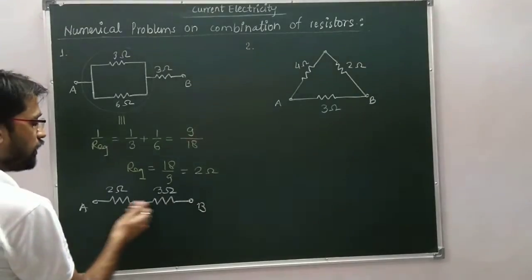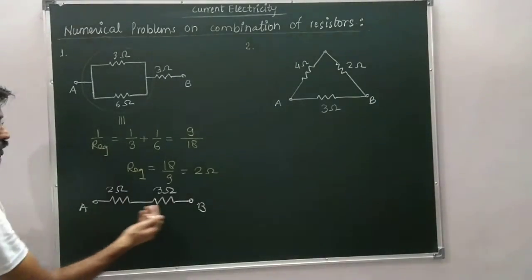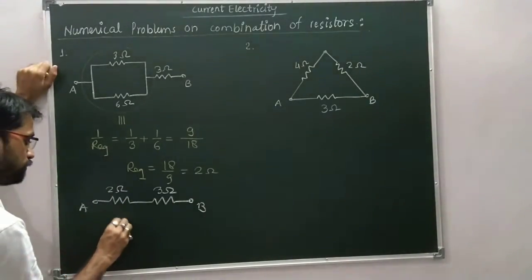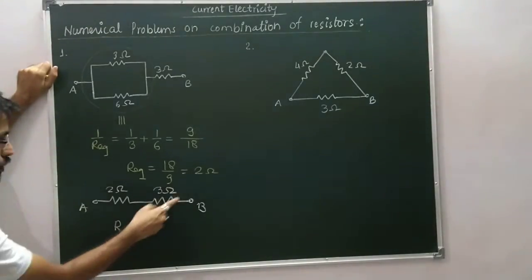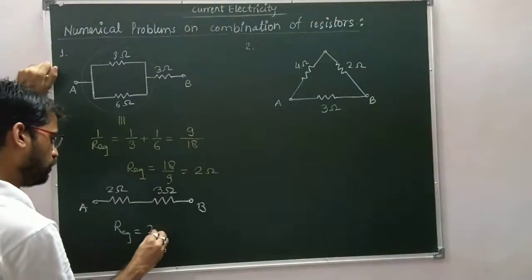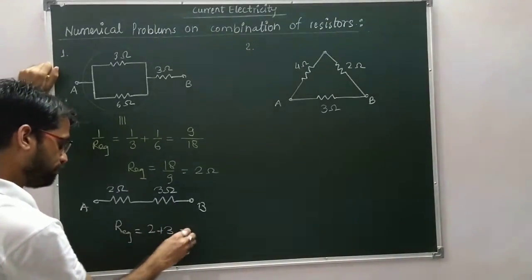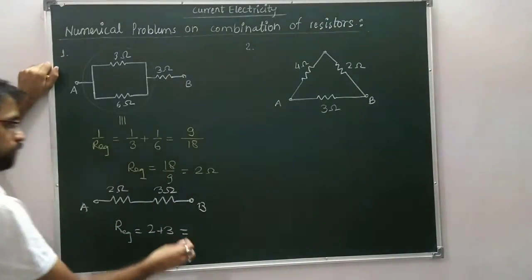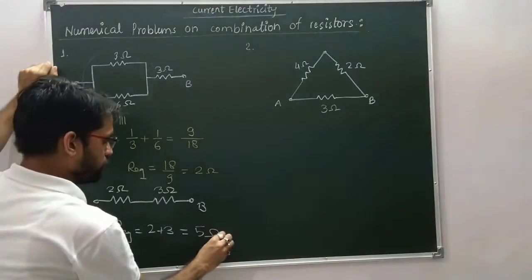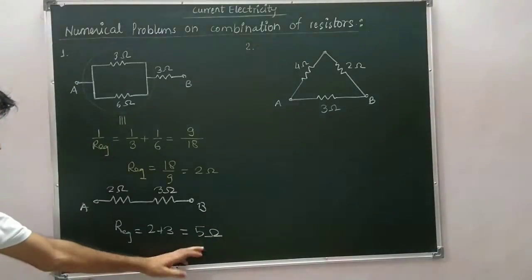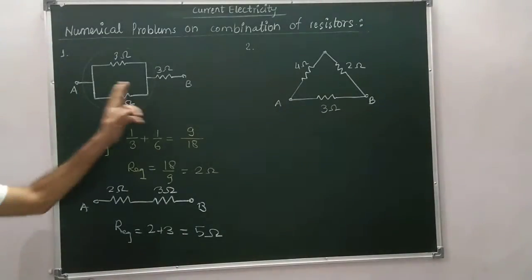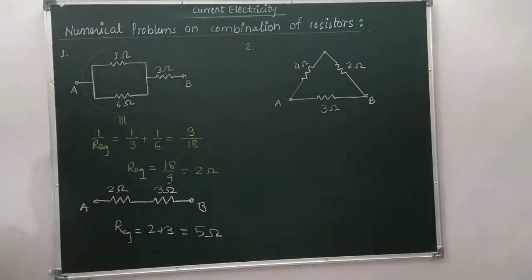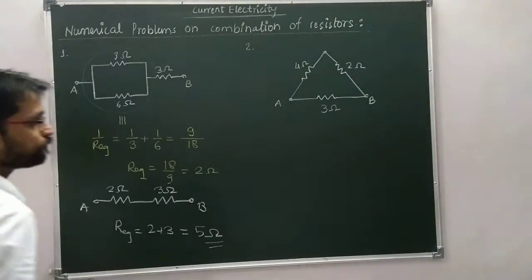So the equivalent resistance of the series combination is Req, which is 2 plus 3. Simply add them: 5 ohm. So 5 ohm is the equivalent resistance across A and B. This is the answer.